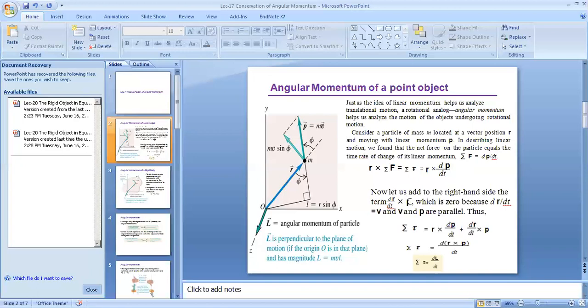So we can add a zero vector or null vector on this side without influencing the mathematical values of the equation on either side.